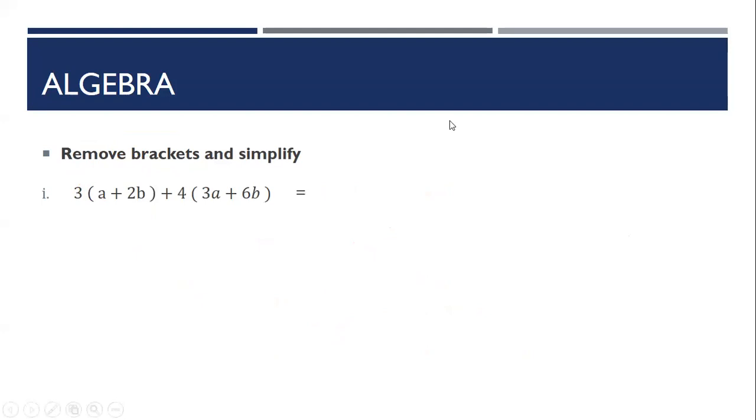Okay, so here is example question 1: remove brackets and simplify. First you have to remove the brackets and then simplify. Our example question 1 is 3 into (a plus 2b) plus 4 into (3a plus 6b).